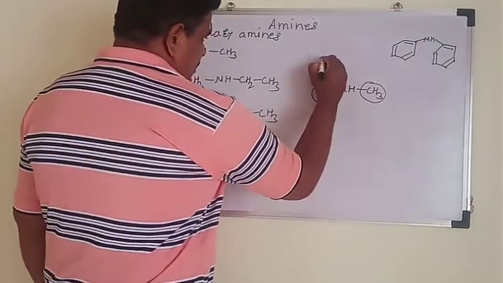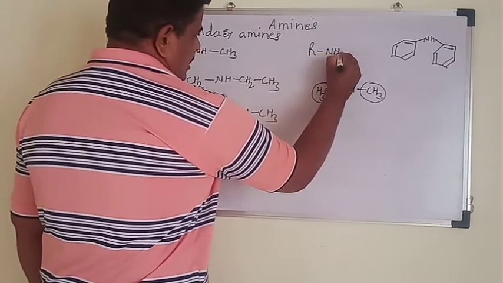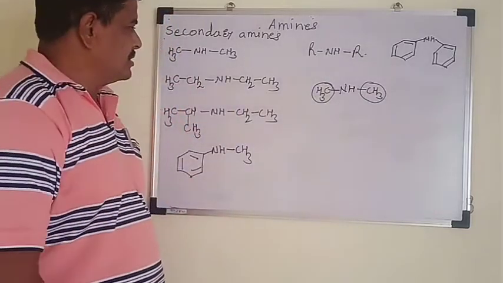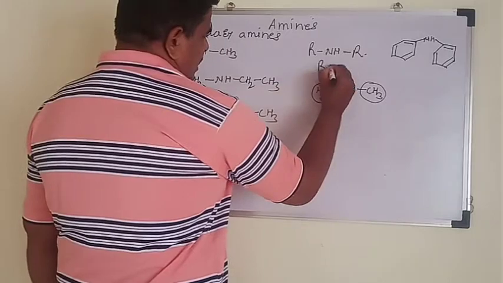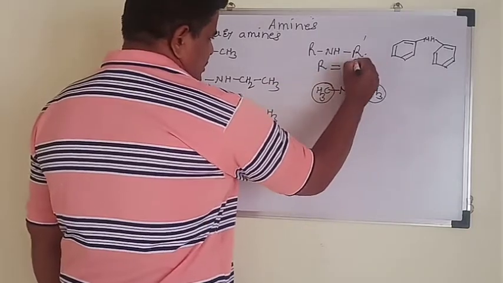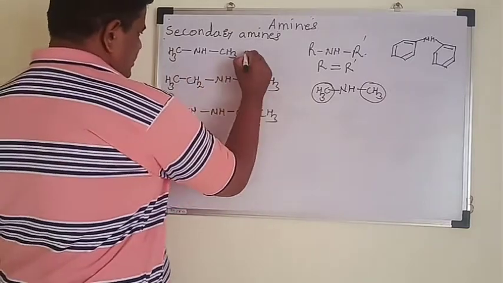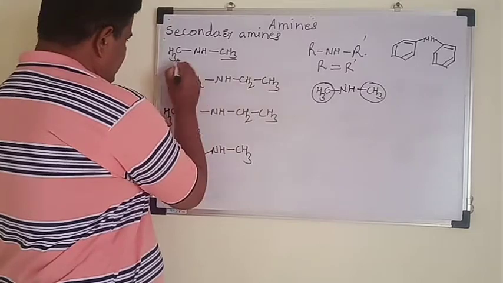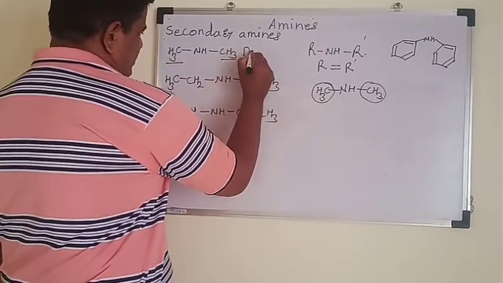If we write the general formula of this secondary amine, when this R is equal to R dash, then these are named as dialkylamine.